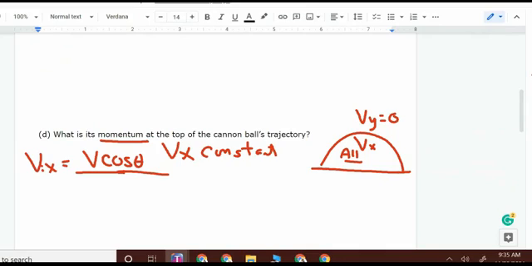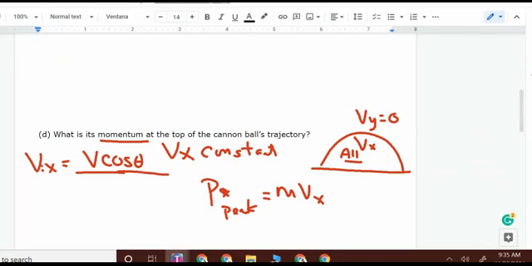If I could find the Vx at the beginning, and Kim just told me it doesn't change, then you find the Vx at all times. Then Px at the peak is just m times Vx. The momentum at the peak is all x.